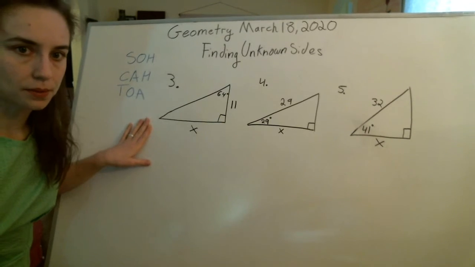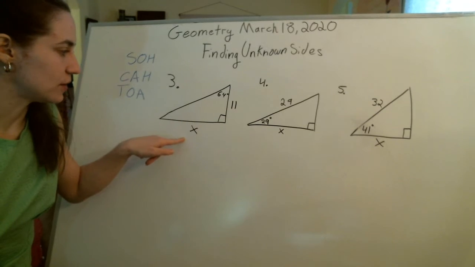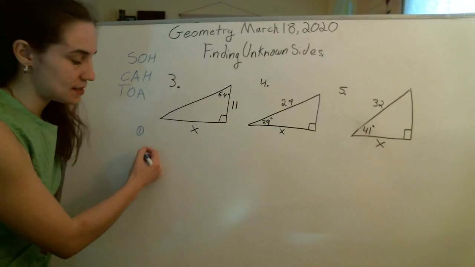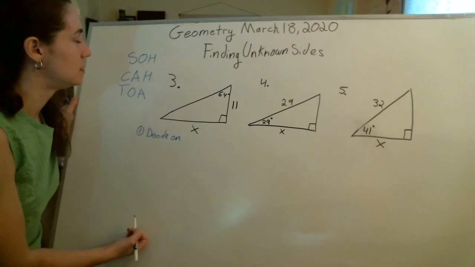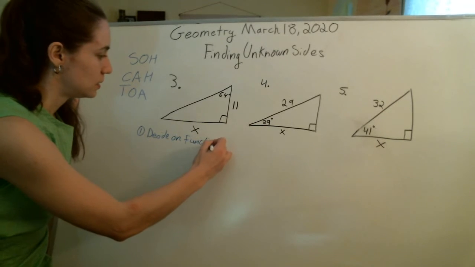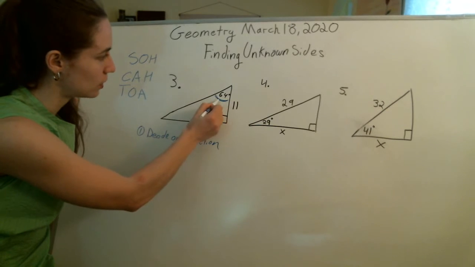When you see a problem where it gives you an angle and a side and asks for an unknown side, the first thing you do is decide on the function. So the first thing I do is look at this one. It gives me 64.